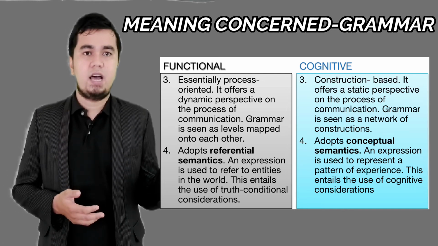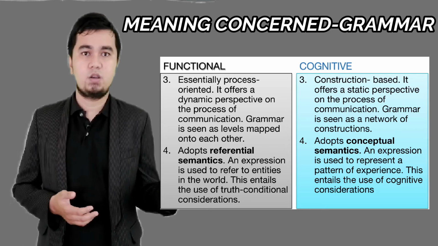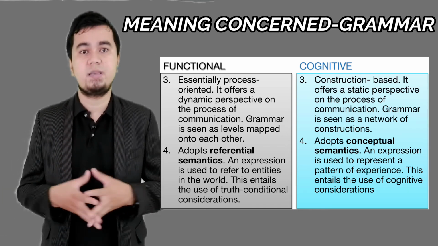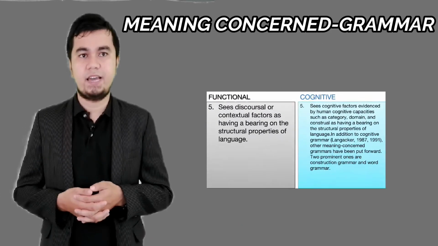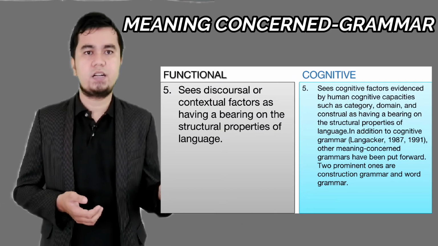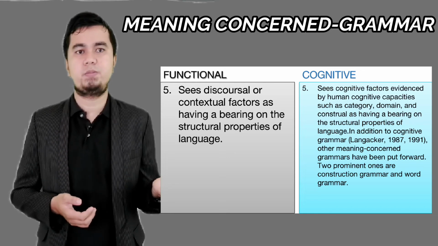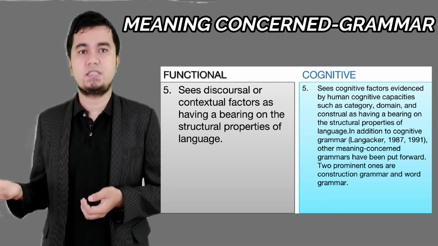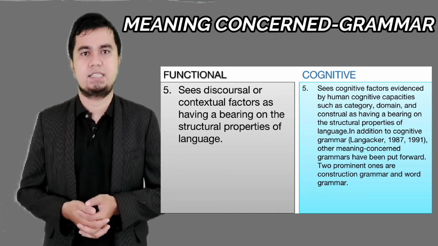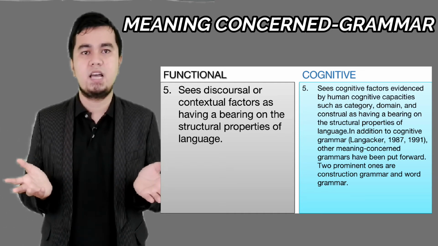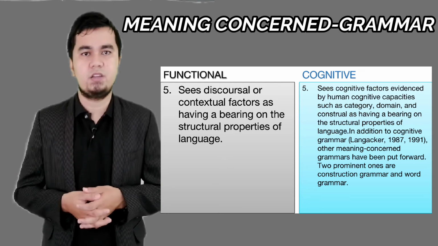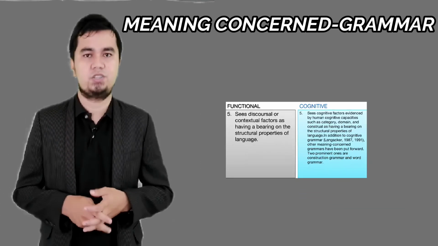Functional is referential semantics, while cognitive is a conceptual semantics approach. And finally, functional sees discoursal or contextual factors as having a bearing on the structural properties of language, while cognitive sees cognitive factors evidenced by human cognitive capacities, such as category, domain, and construal, as having a bearing on the structural properties in language.